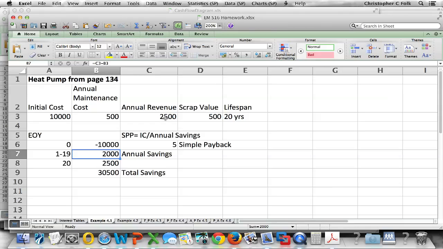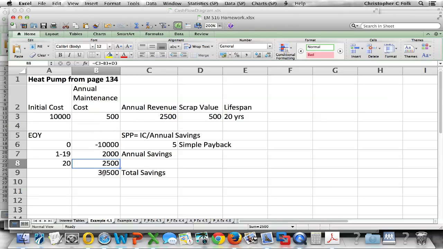The amount in C3 is $2,500. Subtract from it the amount in B3, and we see that we've got $2,000 in annual savings. In year 20, not only do we have the annual value, but we also add to that the scrap value in D3, but still have to subtract the maintenance costs of C3.